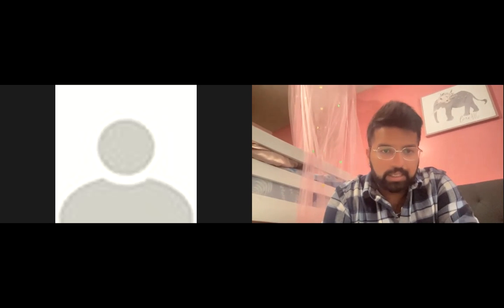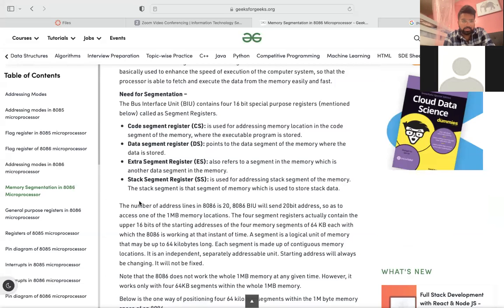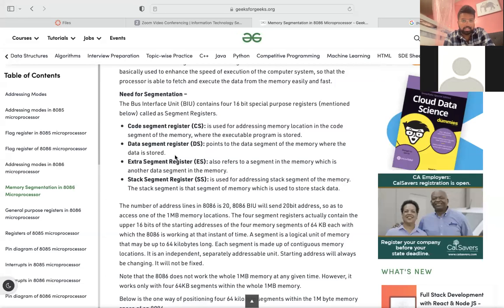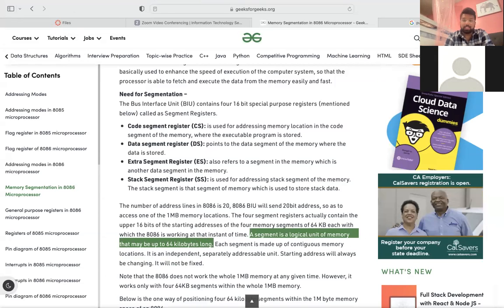I'll share my screen. I just Googled the size, and you can read on this website. It's called GeeksforGeeks. It says that a segment of a logical memory unit may be up to 64 kilobytes long. So that will be our answer for the first problem.